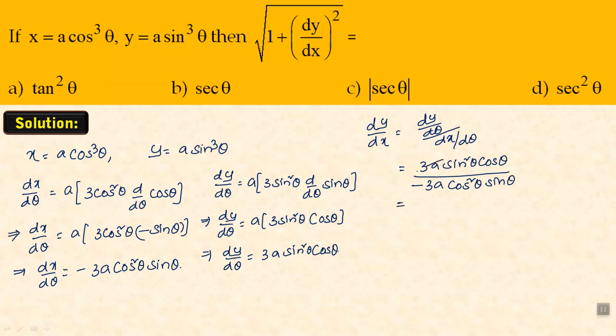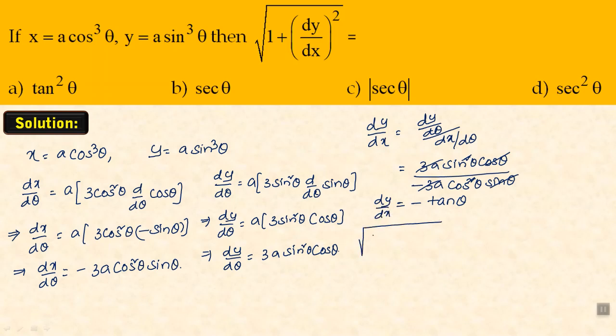This equals, here 3a gets cancelled, sin square and sin theta get cancelled, cos theta and cos square get cancelled, sin theta by cos theta, that is tan theta, minus tan theta, here dy by dx.